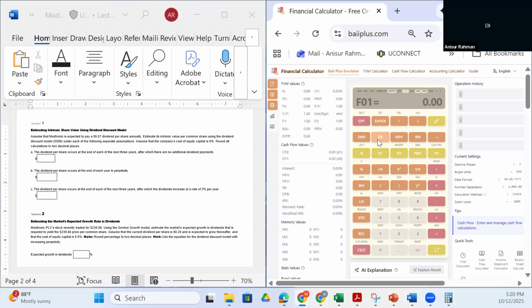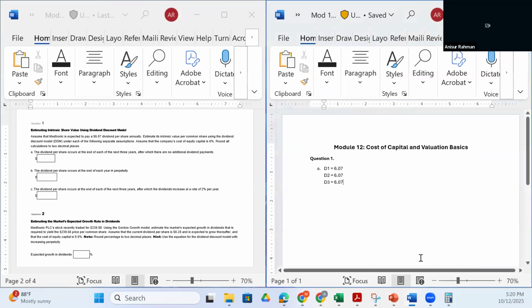Now let's click on CF again. I want to erase existing values. To erase existing values, you have to press second and then this key, CE/C, which basically means clear work.